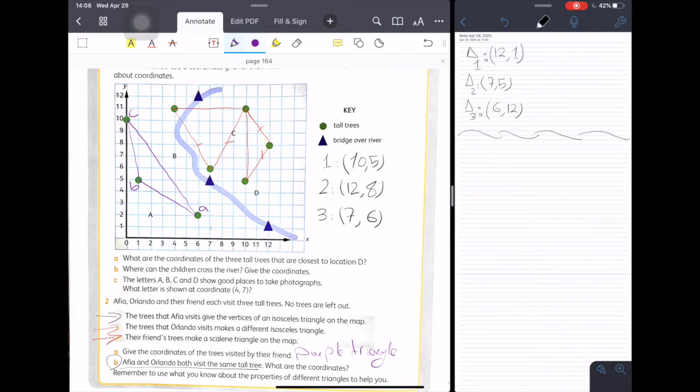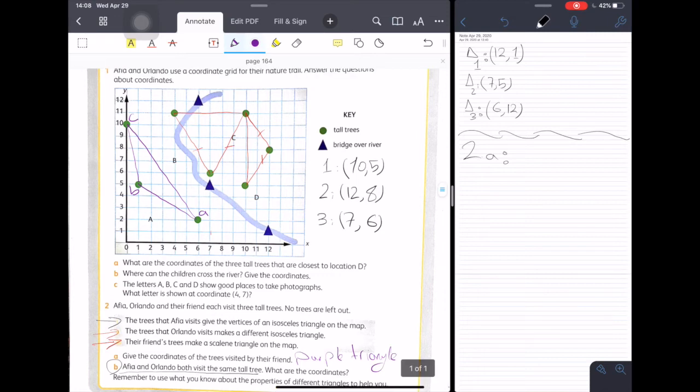Okay, so I will write the answer for part A of question 2 here. We are going to have, for A, okay, so as you could see, it's 6 for X and 2 for Y. So we will have 6 and 2.